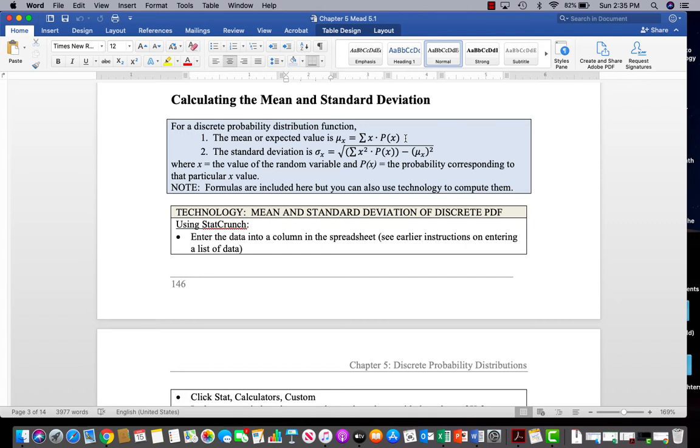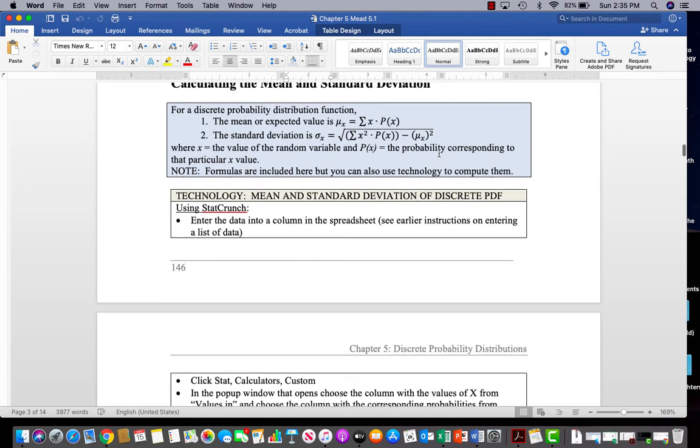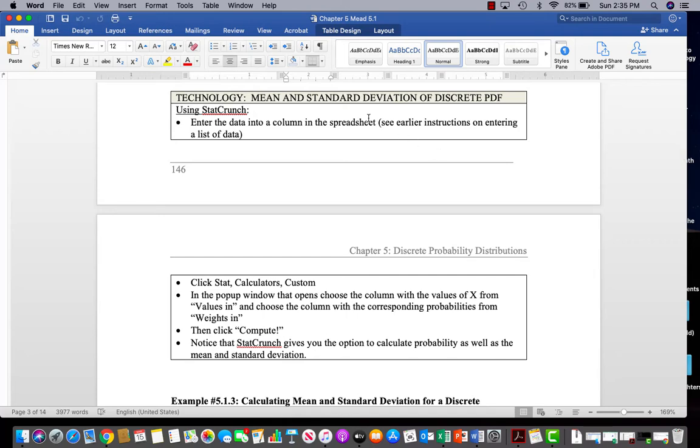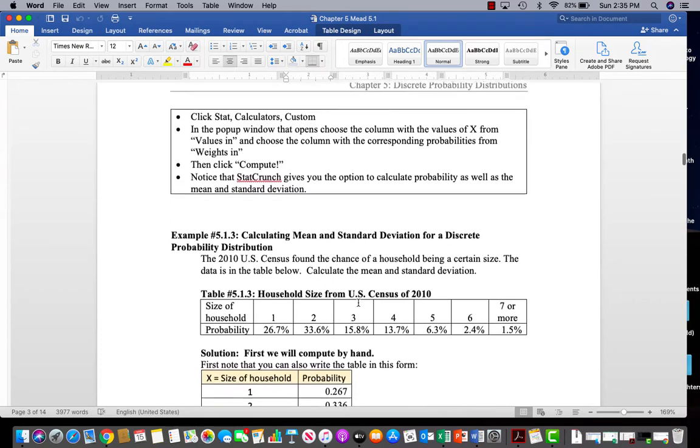I'll show you how to do that in a moment. The standard deviation is the sigma with the subscript x, and it's this formula right here. This is actually a computational formula. It's written other ways as well, but that's the one that's easiest to use, the way I'm going to show you how to do it. You can get this using StatCrunch, and I will show you that as well. First, let's do it by hand.